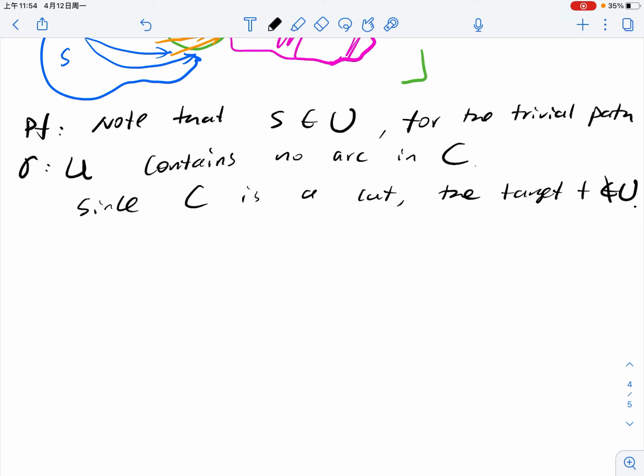Okay, and therefore, hence, U right arrow is a cut.